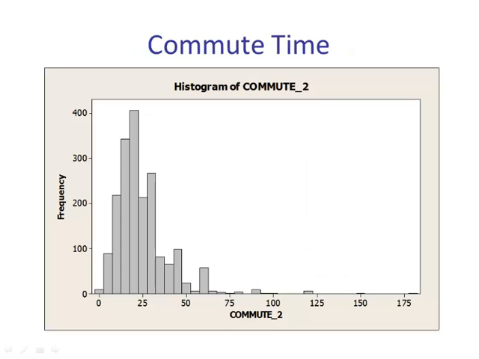Here's an example of a distribution. Again, this is skewed, but here we have possible outliers to the right. This is for the variable commute time. How long does it take you to get to Cincinnati State from home? So these are very large values to the right.